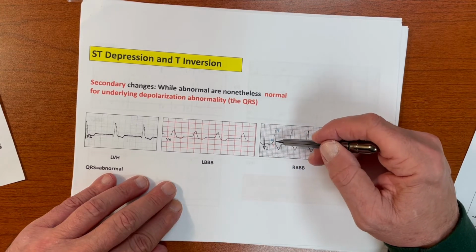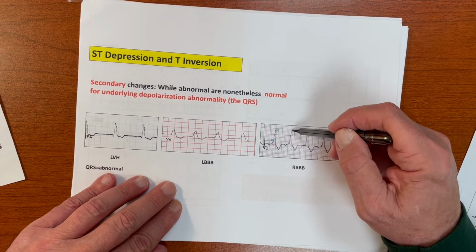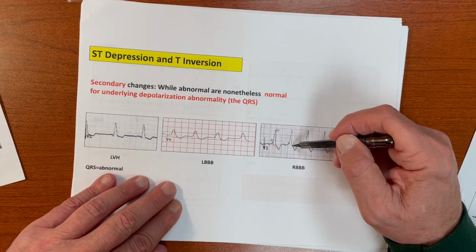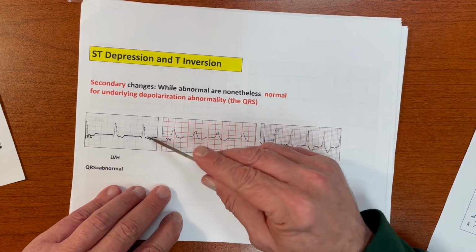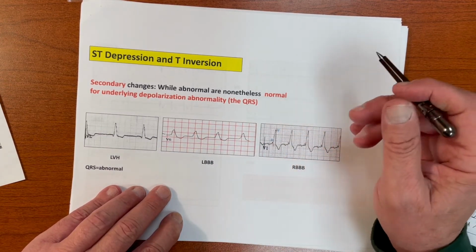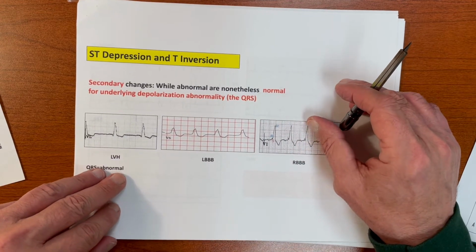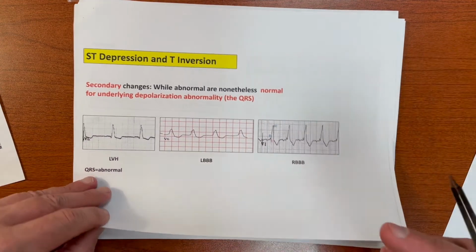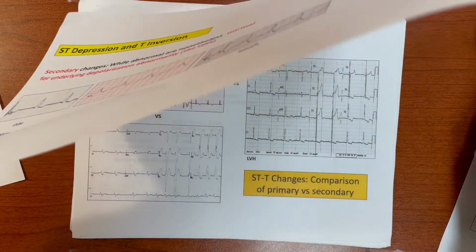And notice in that lead where we have the abnormality in depolarization that gives us the diagnosis of right bundle, we see secondary changes. So the QRS actually tells you whether the ST segment is abnormal or normal, if it's a primary change or a secondary change. So you look for LVH or one of the bundle branches.